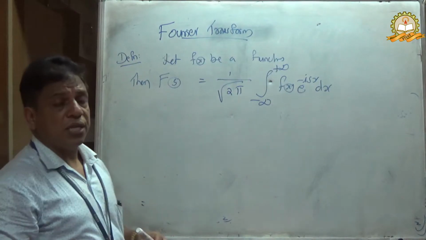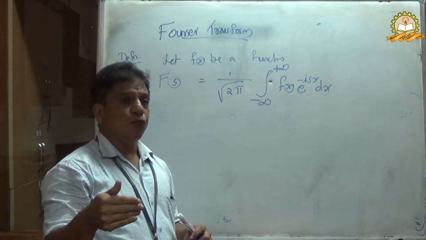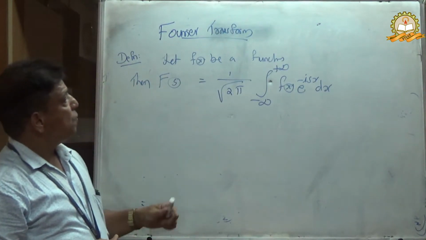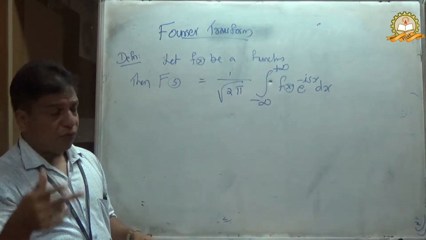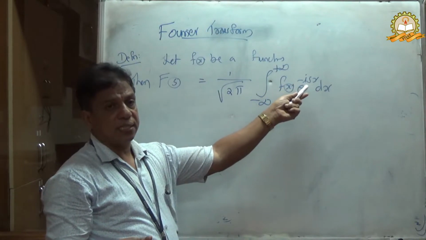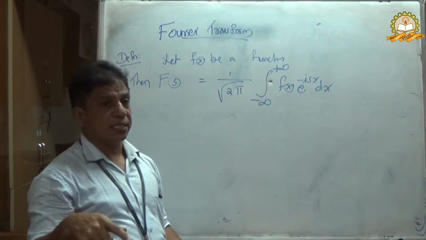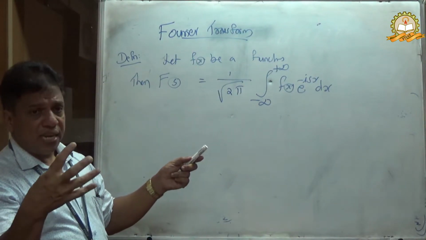To find out the Fourier transform of a function, we multiply the given function by e raised to minus isx and integrate within the limit.